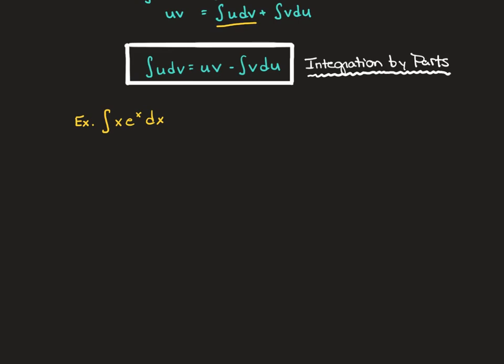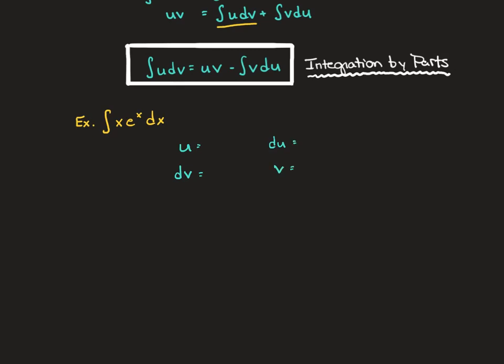So we're going to try and completely transform this integral by using integration by parts. When you use integration by parts, you're going to choose something to call u and something to call dv in the original integral. And once you figure out what u equals and dv equals, you're going to figure out what du equals and what v equals.